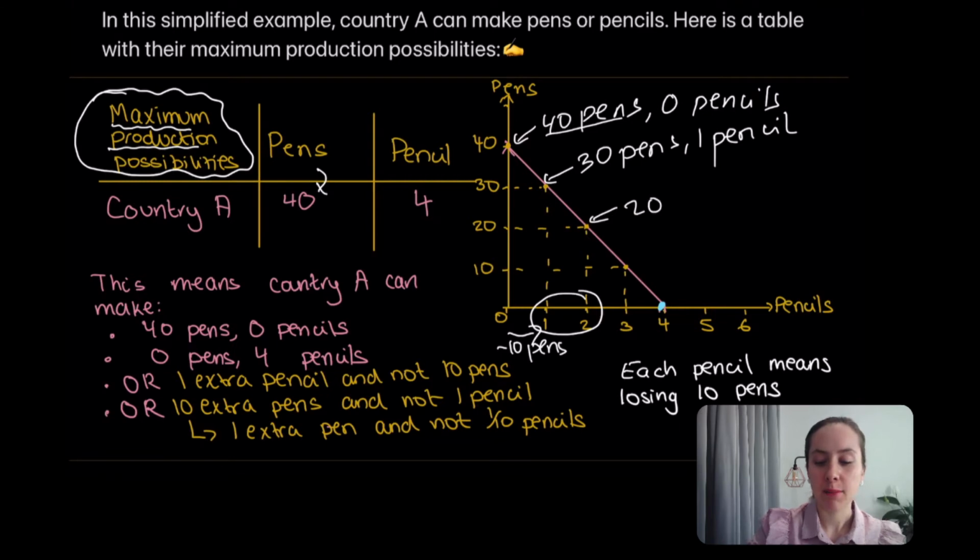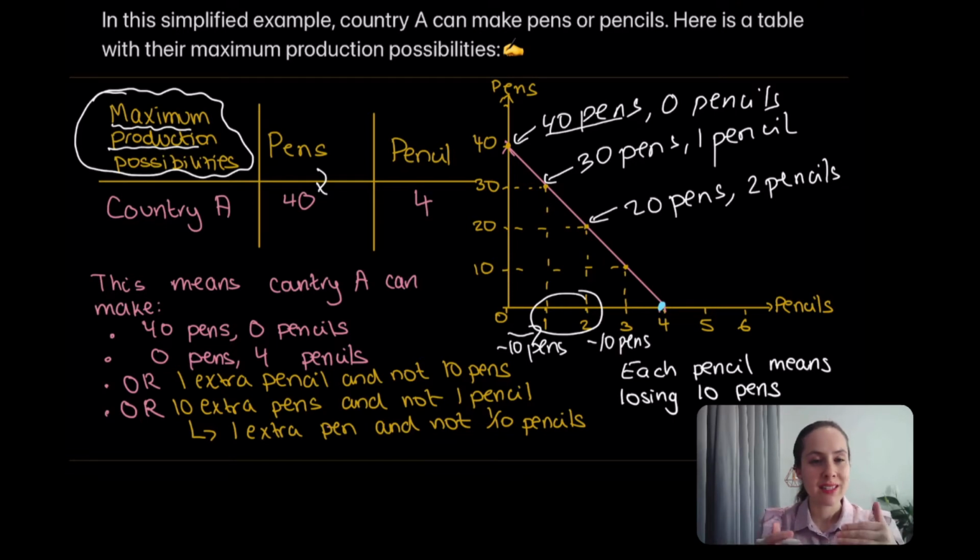In fact, they can only make 20 pens and 2 pencils. What have they sacrificed? They've gone from a 30 pen world to a 20 pen world, so they've sacrificed again 10 pens. And it's going to be the same 10 pen sacrifice each time the country wants 1 more pencil.